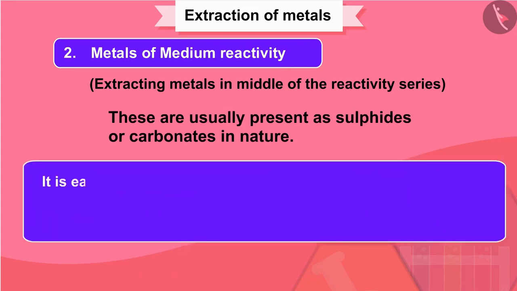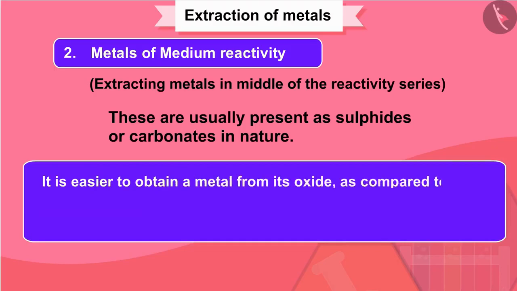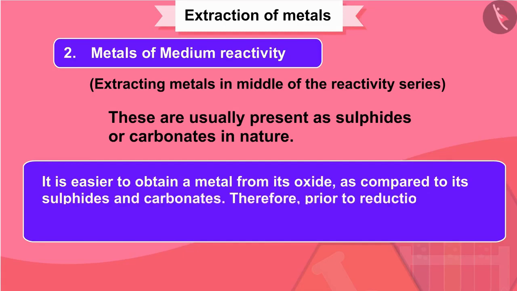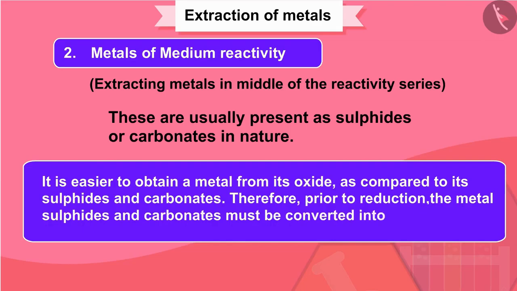It is easier to obtain a metal from its oxide, as compared to its sulfides and carbonates. Therefore, prior to reduction, the metal sulfides and carbonates must be converted into metal oxides.